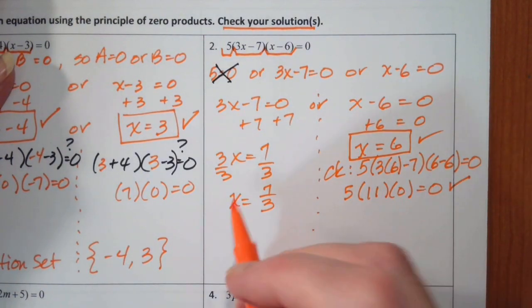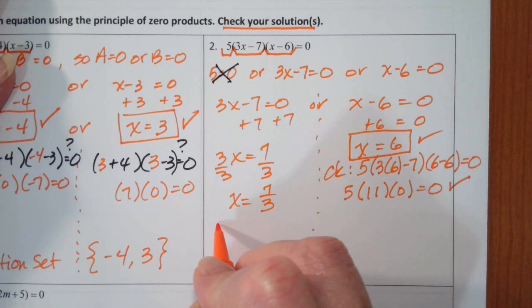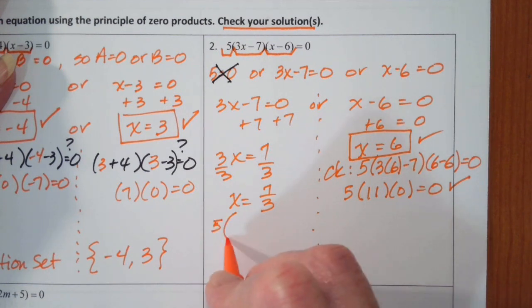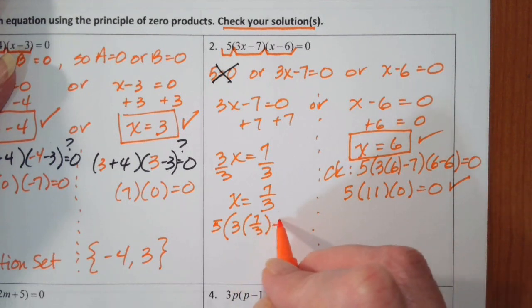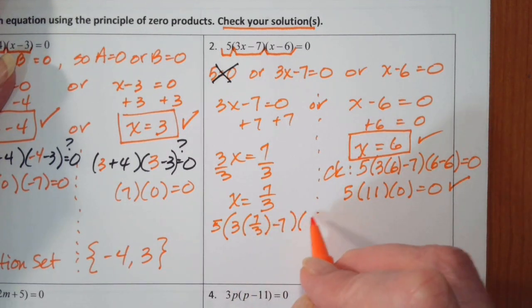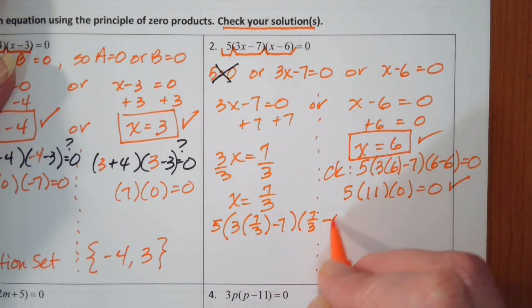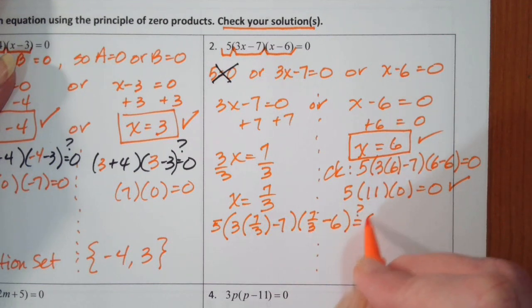Okay, then I'm going to use all this space down here for the 7/3. So now I want to know if 5 times (3 times 7/3 minus 7) times (7/3 minus 6) equals 0.